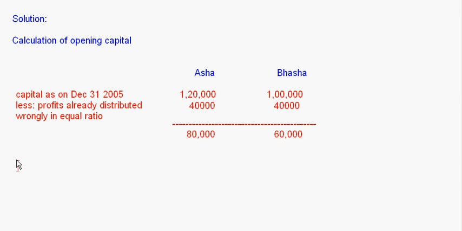Okay, and then they had made drawings during the year that were not added. The drawings have to be added to their capitals. So for Asha the drawing was 10,000 and for Basha the drawing was 20,000. After this, the amount that you get will be the opening capital as on January 1st 2005.